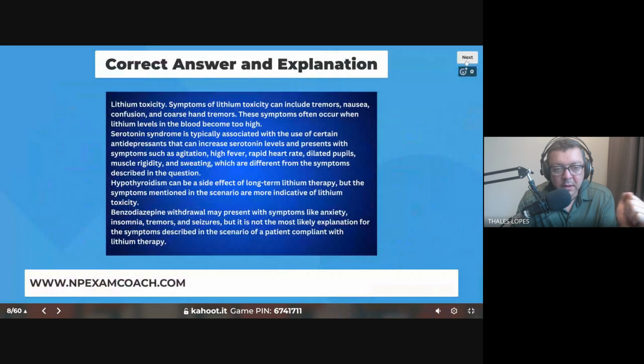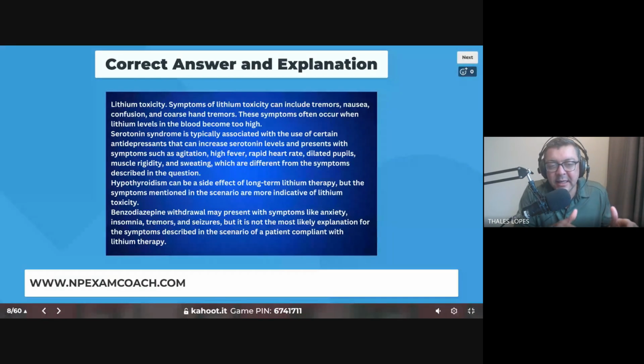All right. So these are the lithium toxicity symptoms. They can include tremors, nausea, confusion, coarse hand tremor. A fine hand tremor, you wouldn't really see because fine you can't see, but a fine hand tremor would be a side effect of lithium. Coarse you can see.